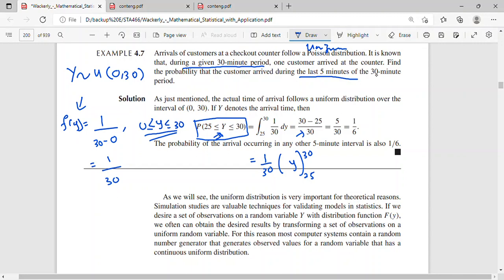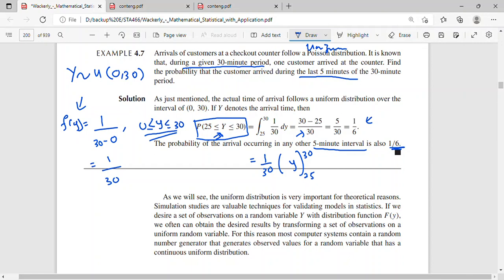The answer will be 1 over 6. 1 over 6 is the probability that the customer will arrive during the last 5 minutes. So this means the probability of the arrival occurring in any other 5-minute interval is also 1 over 6, because Y follows the uniform distribution.